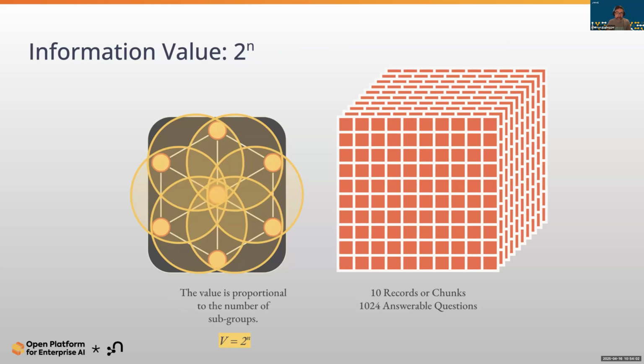If you think about the upper bounds here, if you went through all of the possible connections, as a fully connected graph, and looked at all the possible subsets of the graph, you'd have an exponential number of additional answers you could give based on the original 10 chunks. So you start with 10 chunks, and now you've got potentially an upper bounds of 1,000 questions that could be asked of those original 10 chunks.